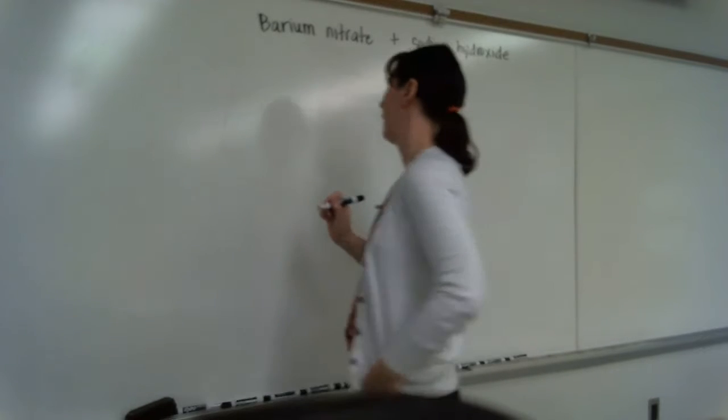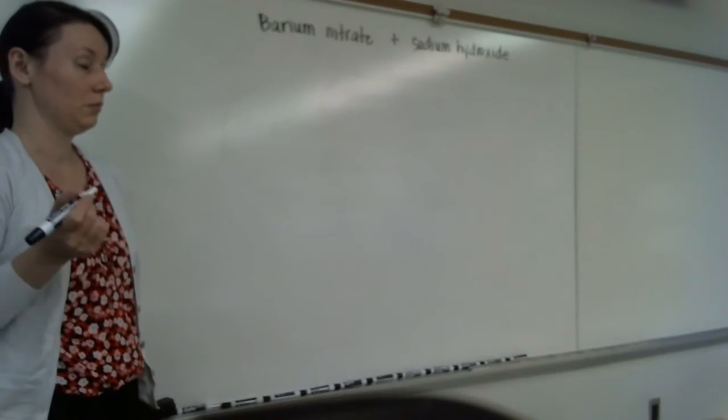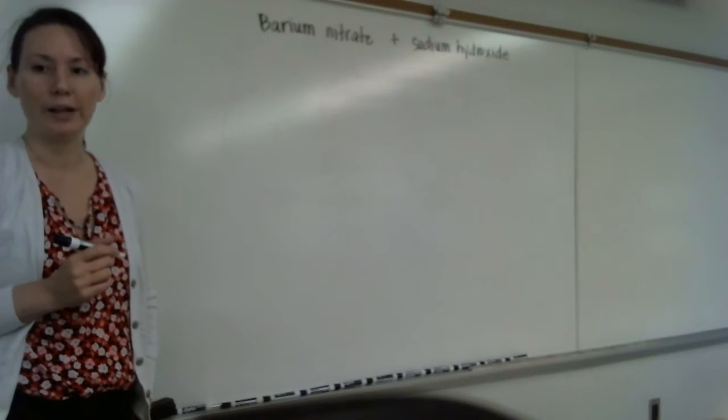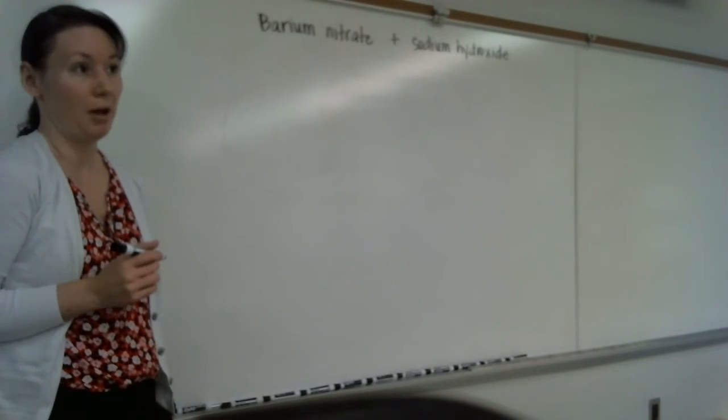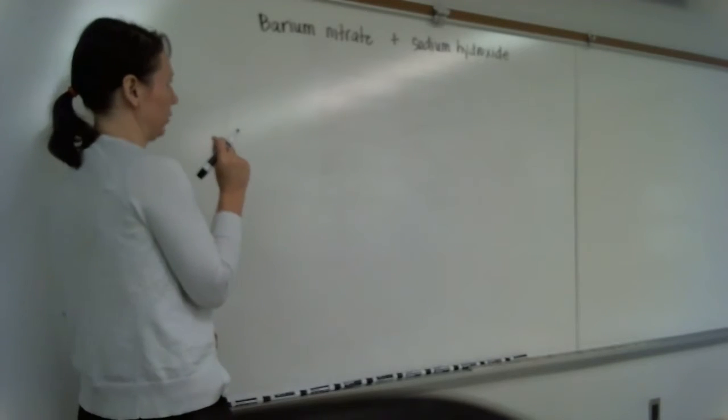Barium nitrate and sodium hydroxide solutions are mixed, and we want to know what's the net ionic equation, if there is one. Because does no apparent reaction have a net ionic equation? No, because nothing's happening, right? So first we need to figure out, is it no apparent reaction or is something actually taking place?